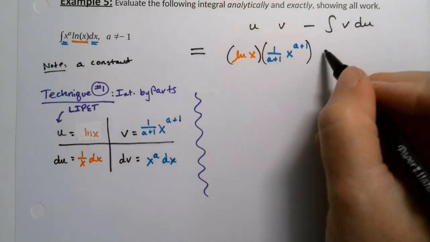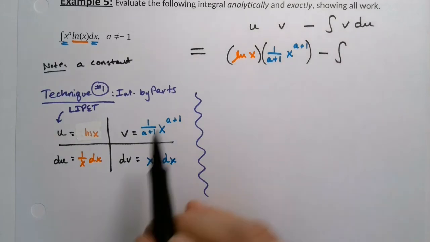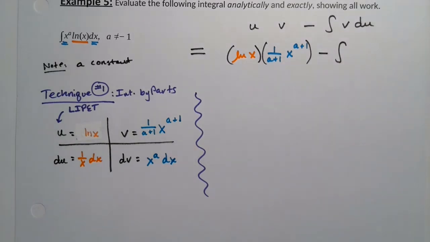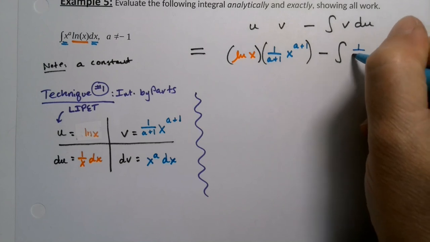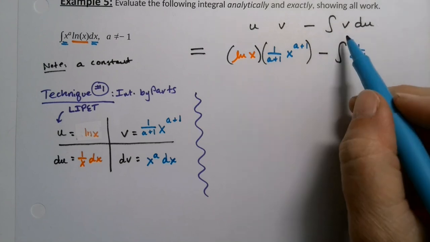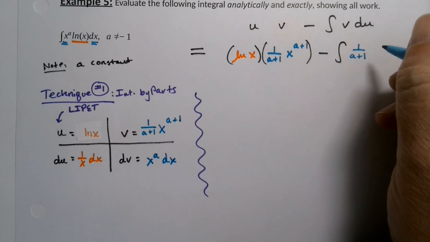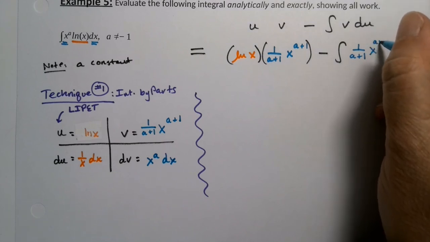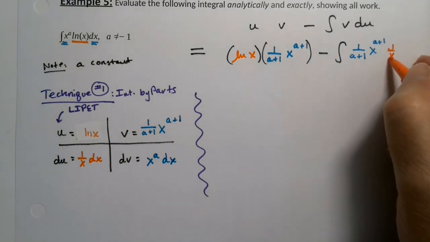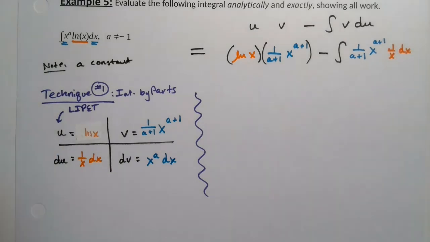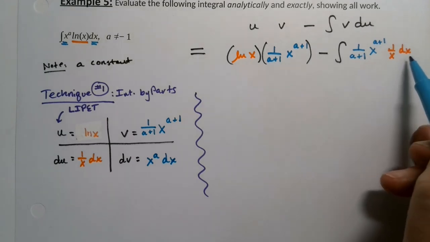There's u, there's v, minus the integral of v, which is 1 over a plus 1 times x to the a plus 1, du, which is multiplying by 1 over x dx. So there's our v, and there's our du.